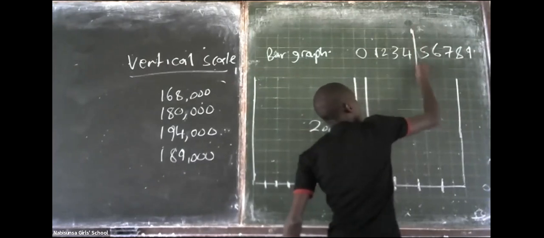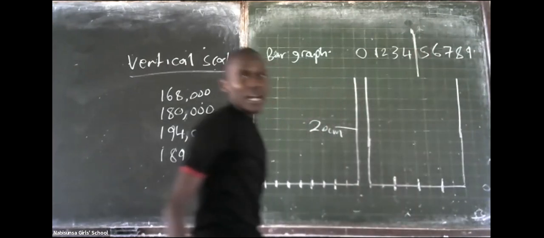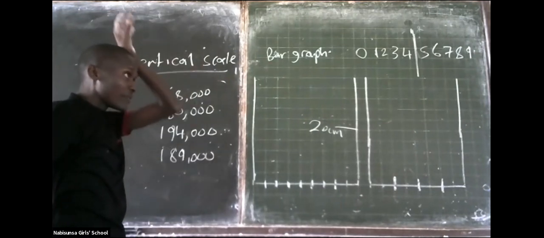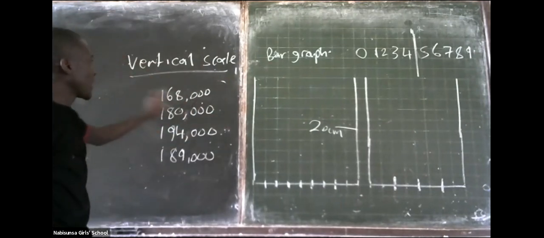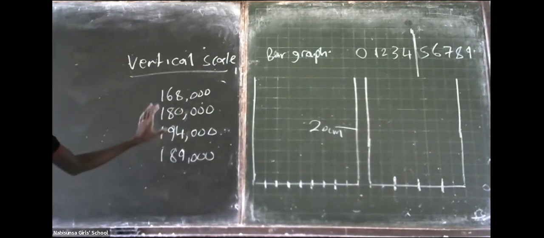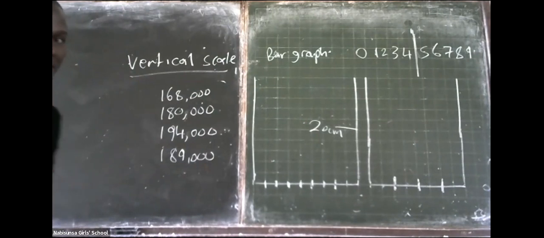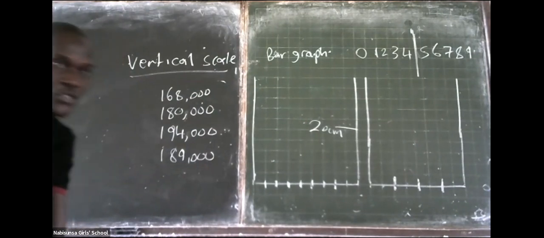We divide. Now, when we divide these numbers, we take two numbers. Are you seeing? People, listen here. When you understand here, just know you are going to enjoy.